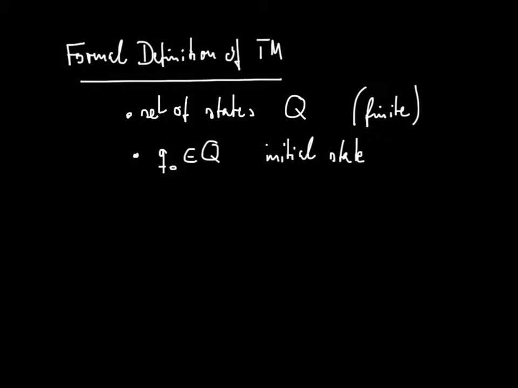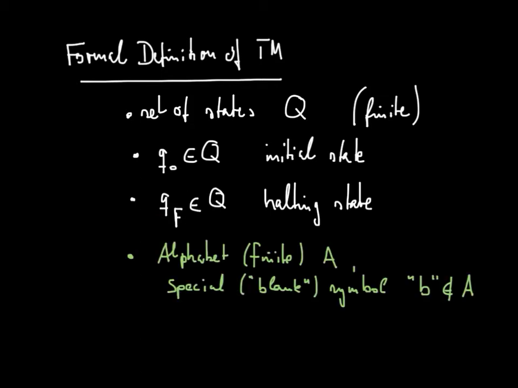Just as in the case of finite automata, there are two designated, special states. One is Q0, the initial state, and the other one is QF, the final or halting state. Note here that our halting state is only a single state, not a set of states, as in the case of finite automata. Then we have the alphabet A, which is again finite, and a special symbol, the blank symbol B, that is assumed not to be in A.